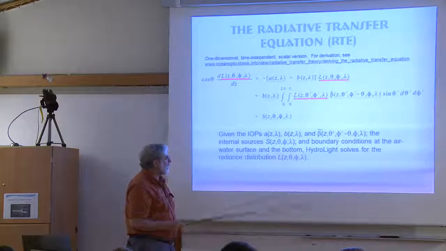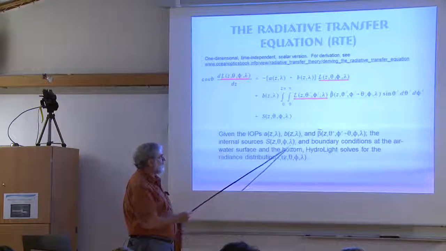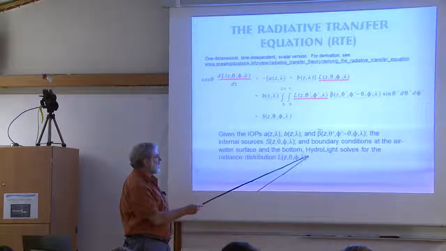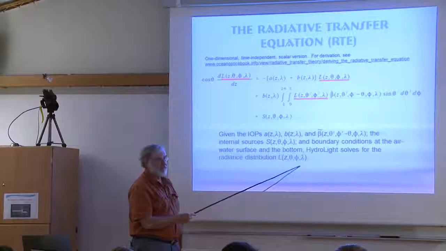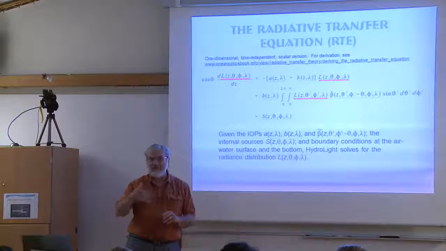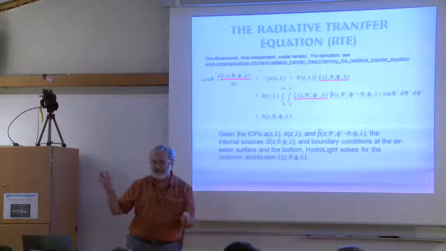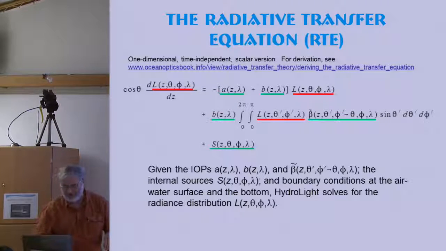So we have to know the IOPs, we have to know the internal sources, we have to know the boundary conditions. And then Hydrolight computes the radiance as a function of depth, direction, and wavelength. And then from that radiance, it computes all the irradiances and K functions and reflectances and all of those things, just using their definitions that we looked at the other day.